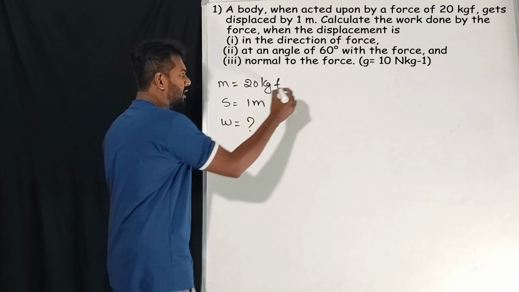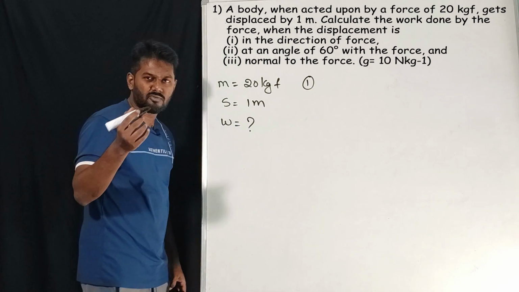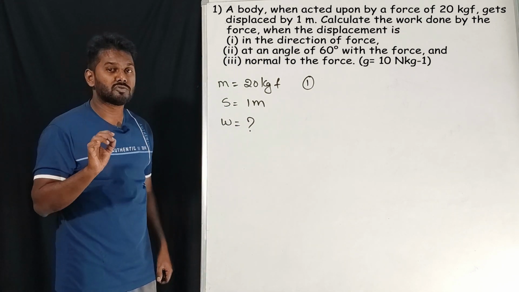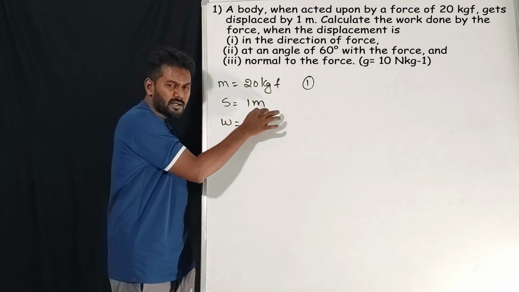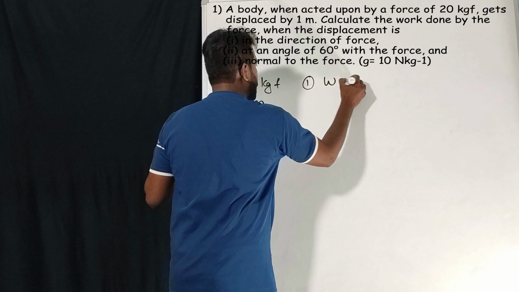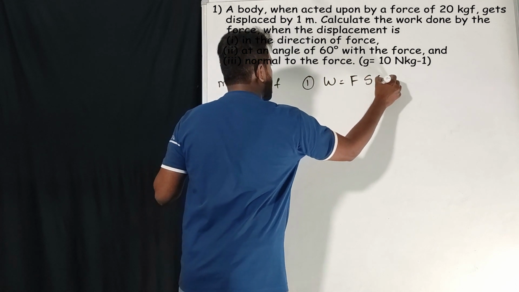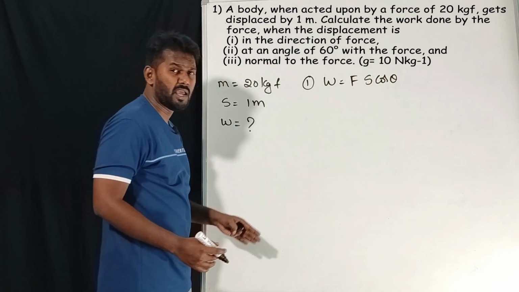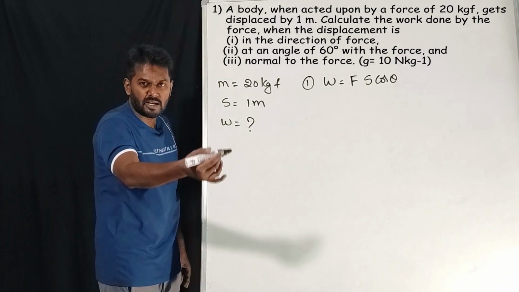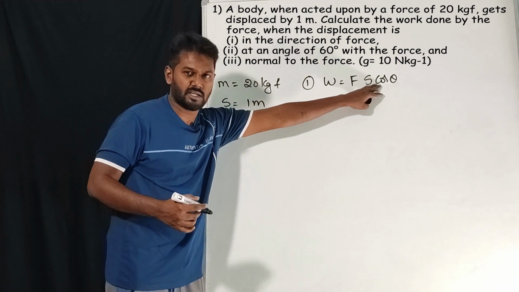Okay, first we'll talk about the first one. What is the first question? Find the work done in the direction of force. What is that? The displacement is in the direction of force. First we will write the formula. W is equal to Fs cos theta. If force and displacement both are in the same direction, then we don't have to use this cos theta.